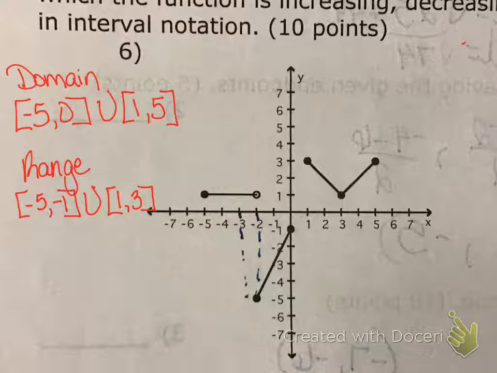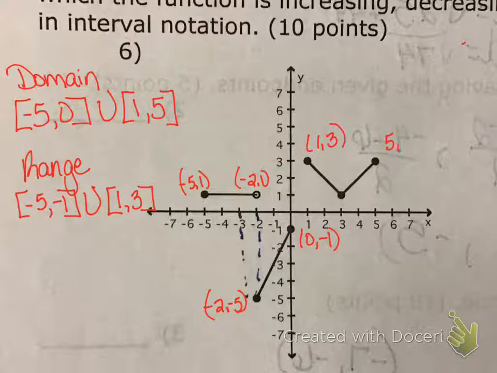So I've got -5, 1, -2, 1, -2, -5, 0, 1, or 0, -1, 1, 3, 5, 3, and 3, 1. Okay, and that is helpful when I start talking about increasing, decreasing, and constant.